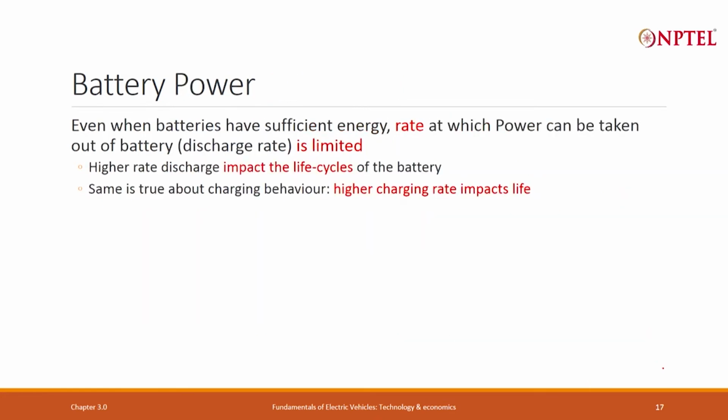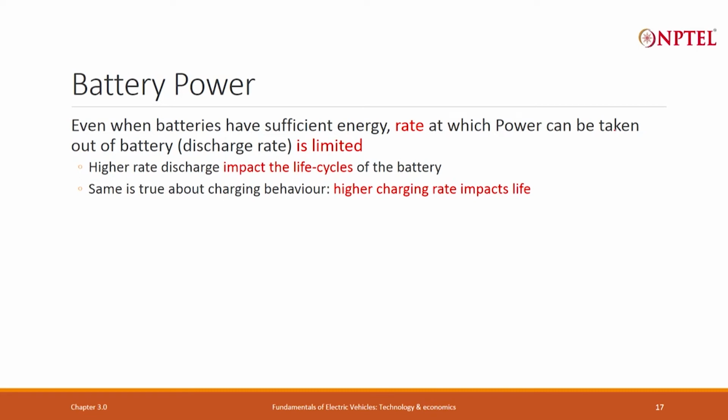What about battery power? As I mentioned, when batteries have sufficient energy, let us say energy is not a problem, the rate at which power can be put into the battery or taken out of the battery, both in and out of the battery, is limited. It is limited by what is called C rate. The term used is C rate.